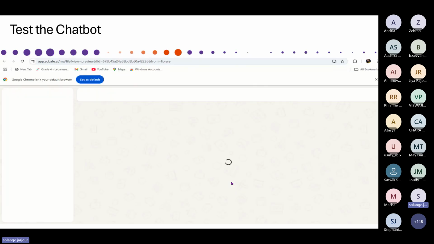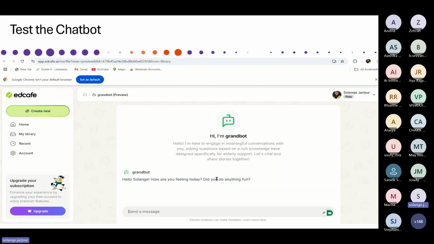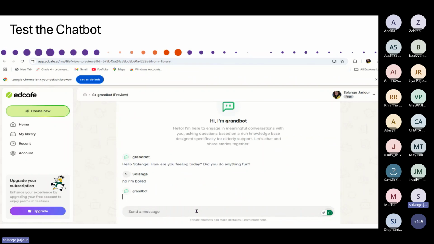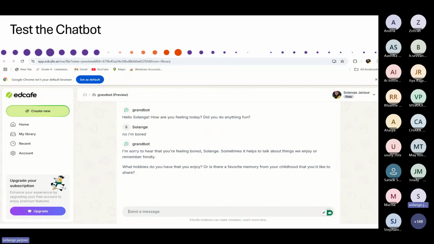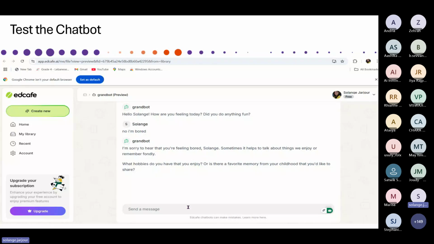This is a very important step in creating a chatbot. Sometimes the chatbot might be missing some information, so it's good to test it, to ask it several questions to check if it meets your needs. And if you feel that it is missing some information, go back to the knowledge base and add more information related to the question that you asked.